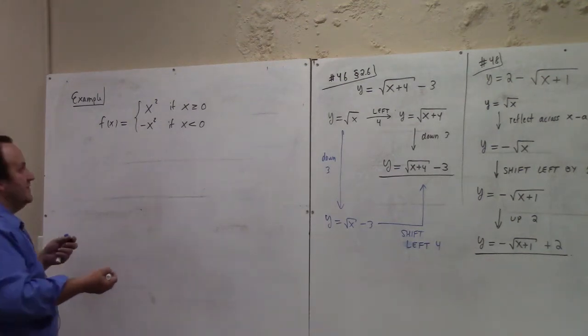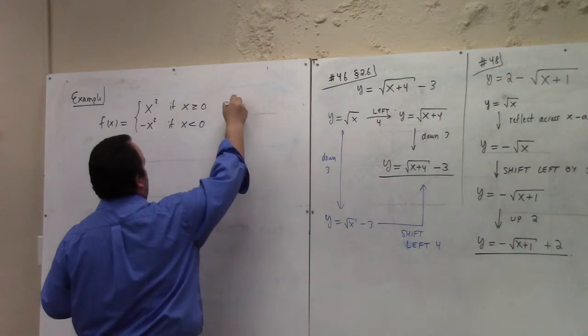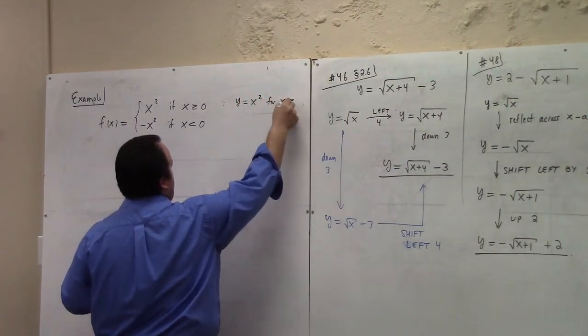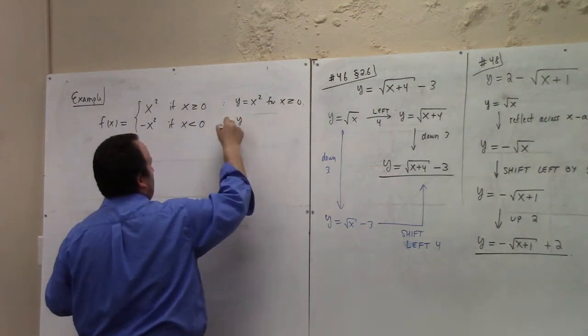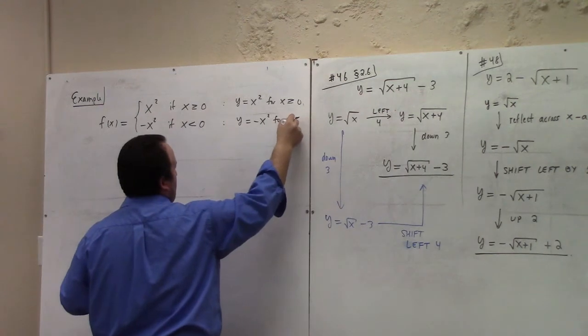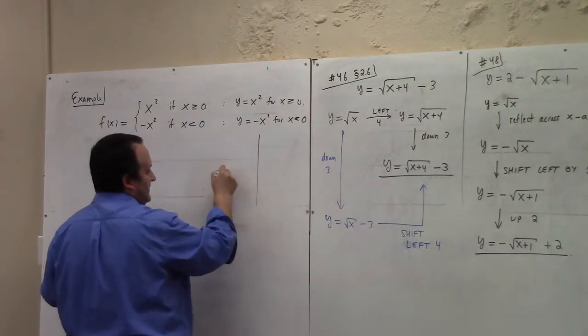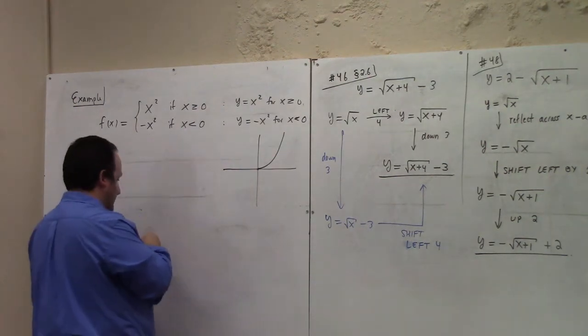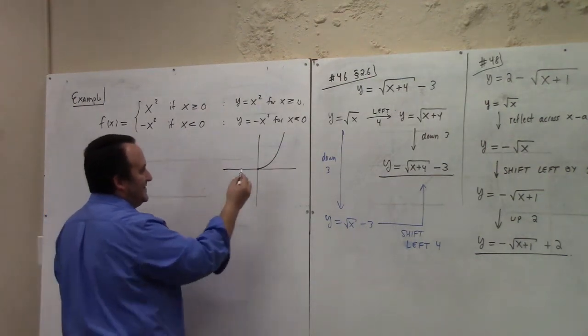In other words, graphically, it's y equals x squared for x greater than or equal to 0, and y equals minus x squared for x less than 0. So if you were to graph this thing, it's kind of neat, right? It looks like a parabola that way, and it looks like a parabola this way.